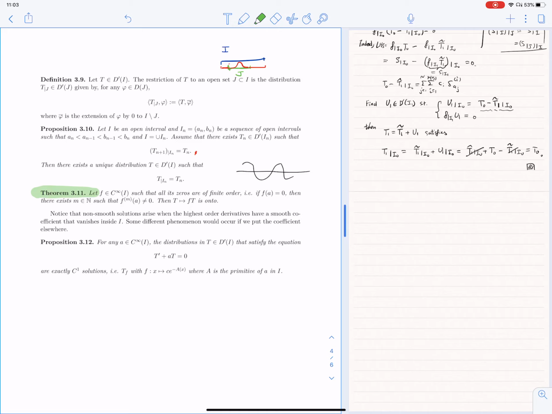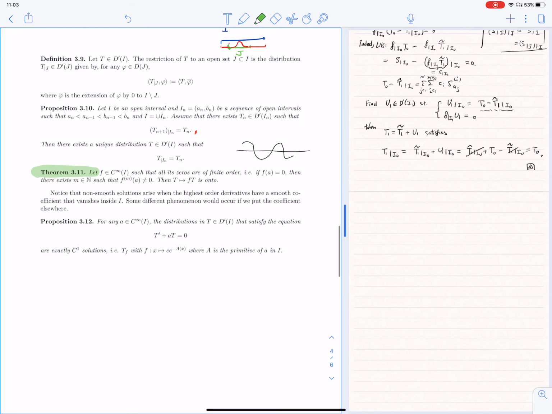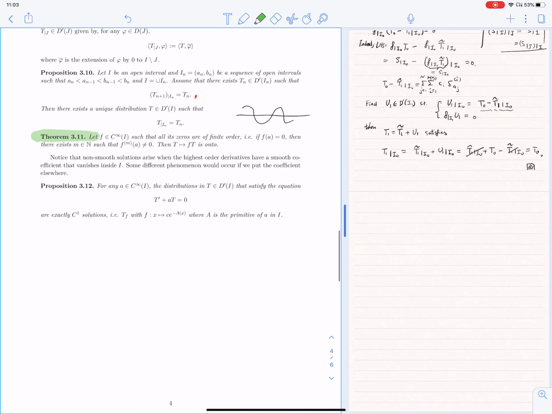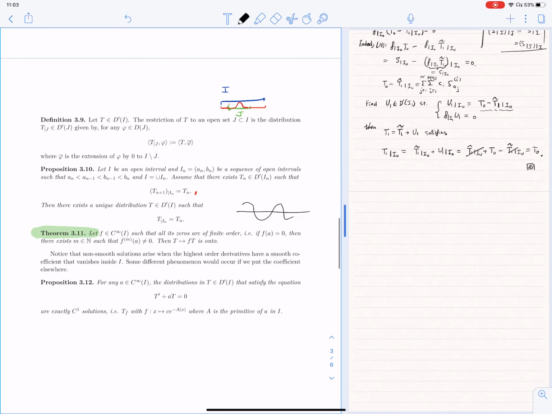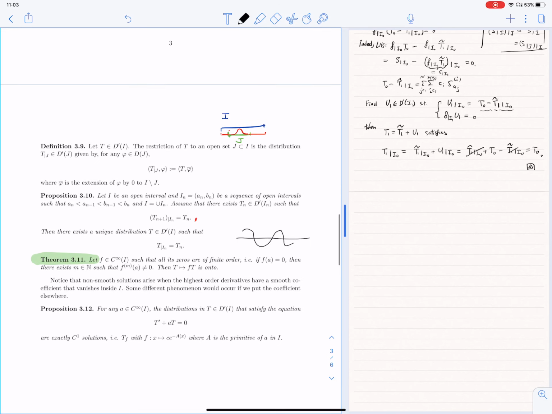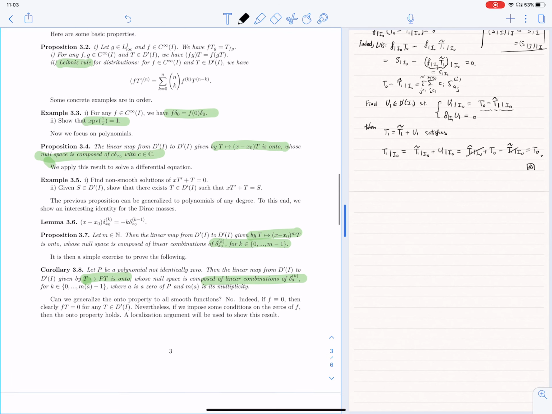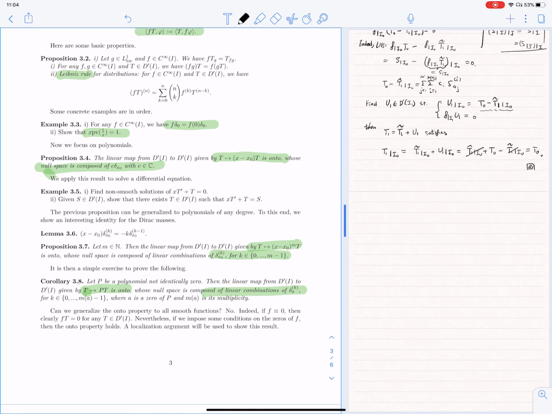It remains only one thing, and this part is a truly easy thing. Up till now, we have considered equations of this kind, where we put the smooth function in front of the highest order derivative, and then we can find non-smooth solutions such as Dirac masses or principal values.